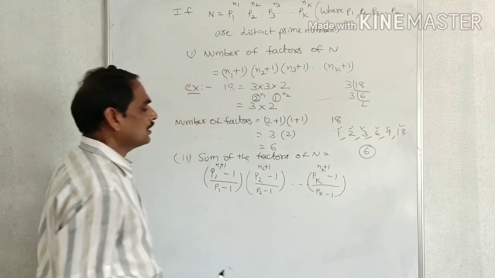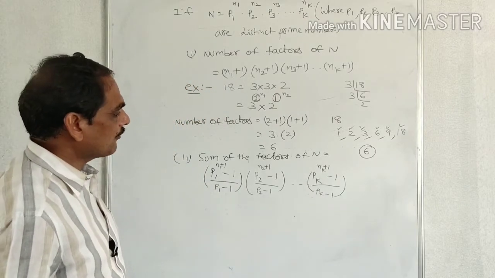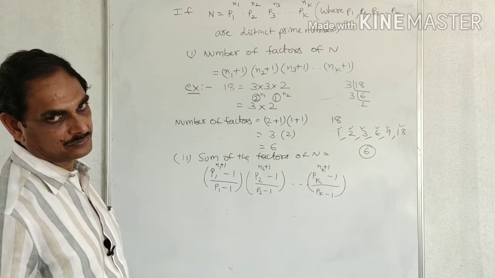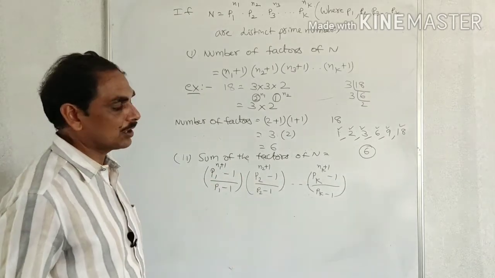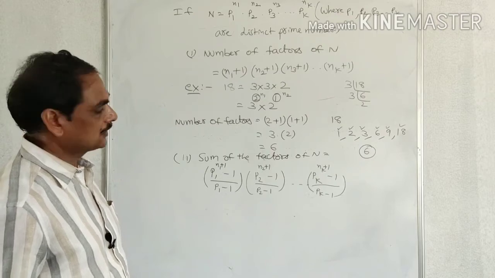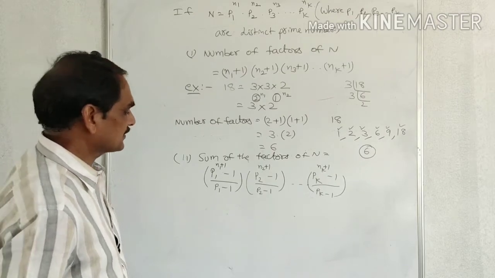This is the formula to find the sum of the factors of a number. Here p1, p2 and so on up to pk are distinct prime numbers.